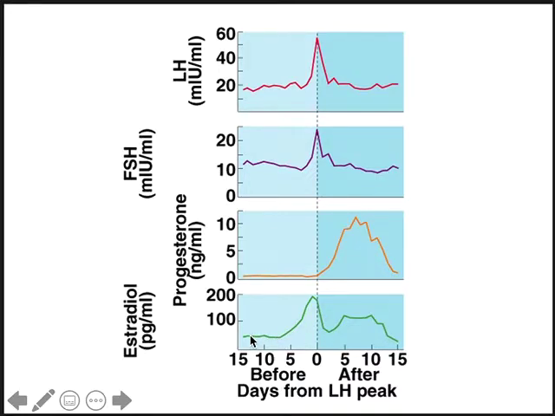Almost to the low levels that we started with, but not quite. As your corpus luteum develops, it starts to release progesterone, which you see here. It also releases some estrogen, which is why it goes back up, okay?